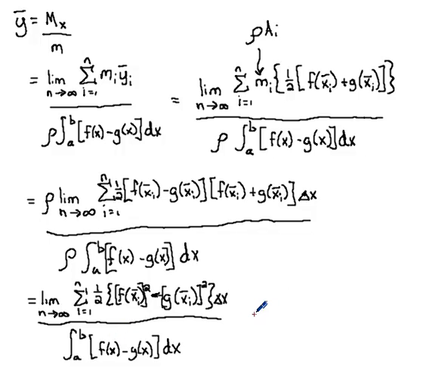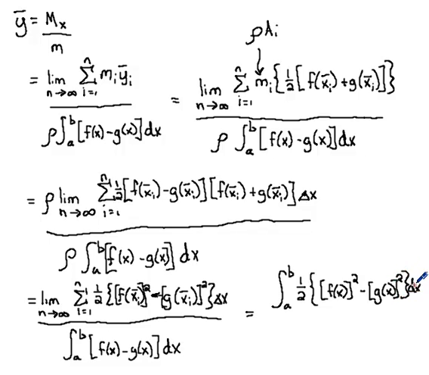And we know this limiting process will therefore become the integral from a to b of, let's see, 1/2 times the quantity f of x being squared minus g of x being squared, and then dx.